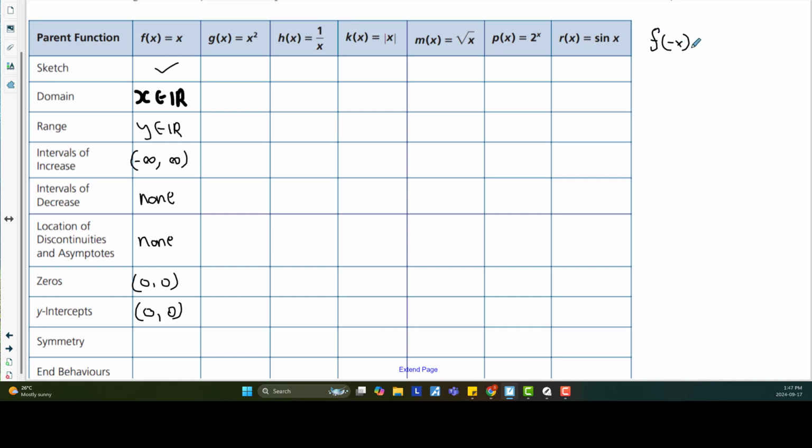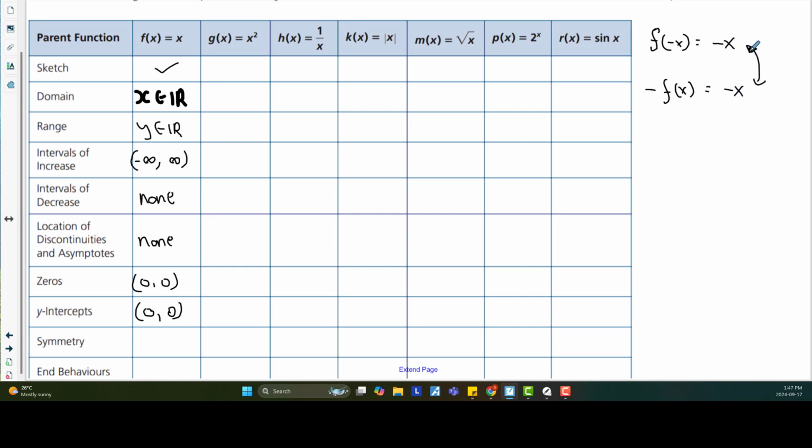And since we know the equation is just f of x equals x, we just sub in negative x here. Now, if this is equal to the original function, which it isn't, it would have been an even function. But if this is equal to the original function multiplied by negative 1, then this is considered an odd function.